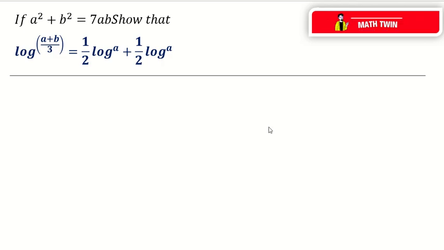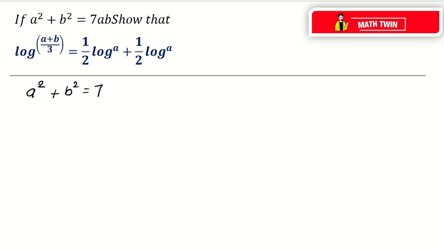To manipulate this question, I start with a squared plus b squared equals 7ab.